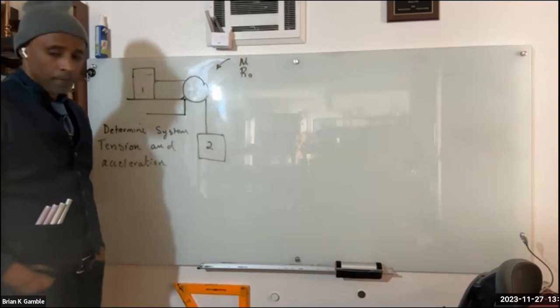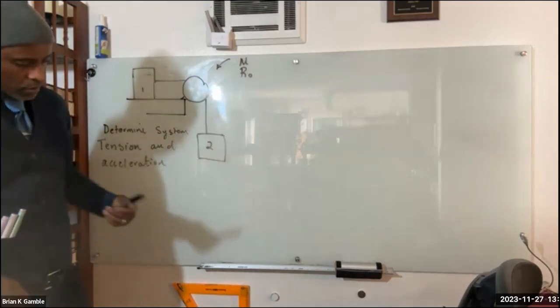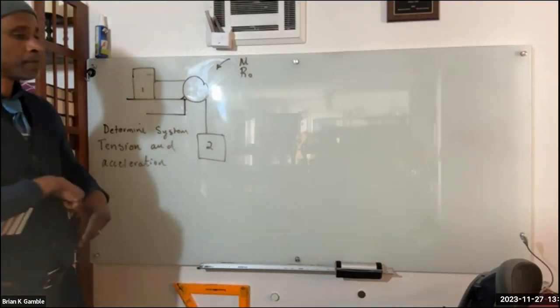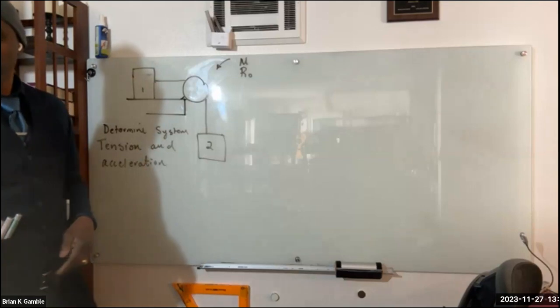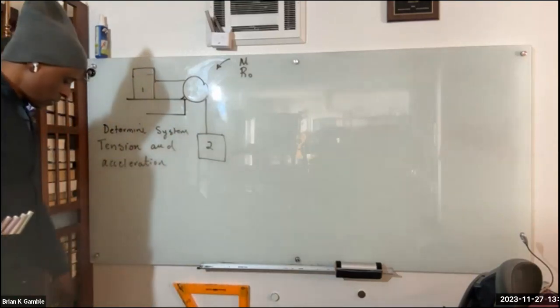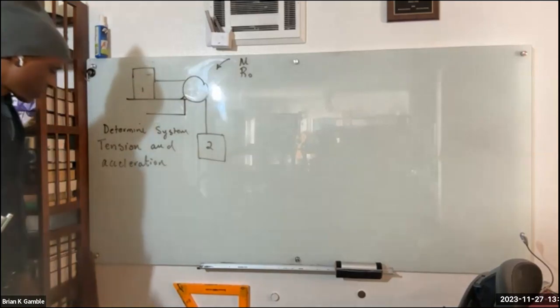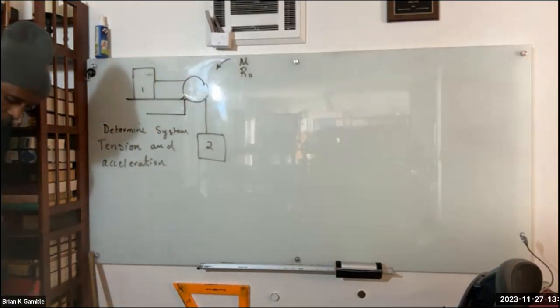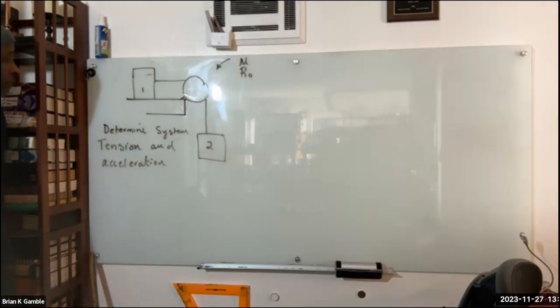As I was saying, the tensions on either side of the pulley now will be changed because moment of inertia affects the tension, and we didn't have to worry about that whenever we had an ideal pulley, where an ideal pulley basically had no mass, so it had no moment of inertia.